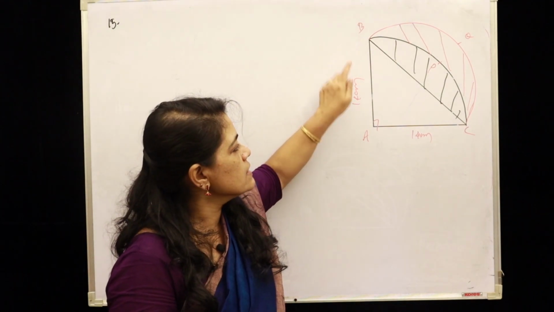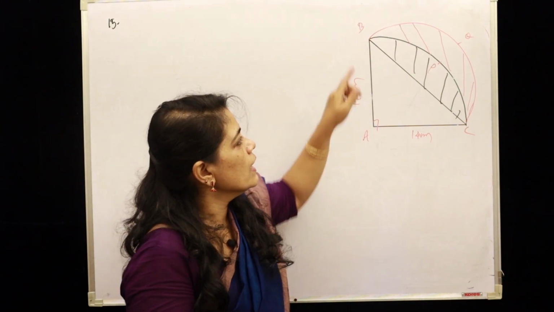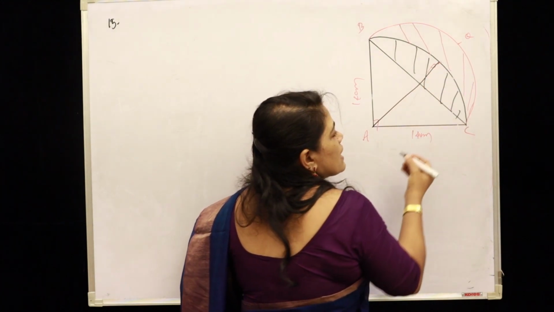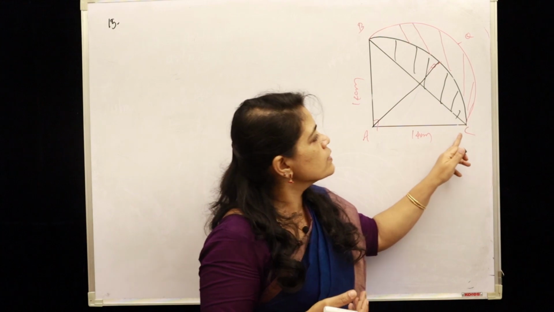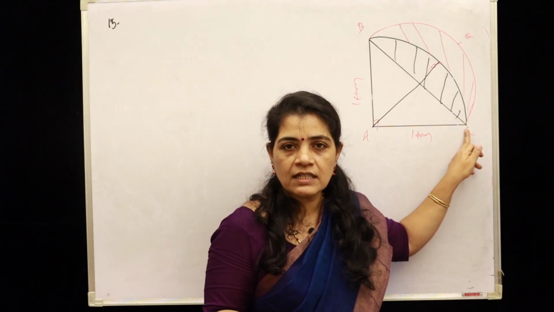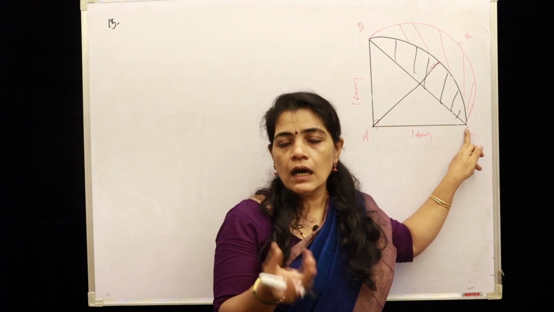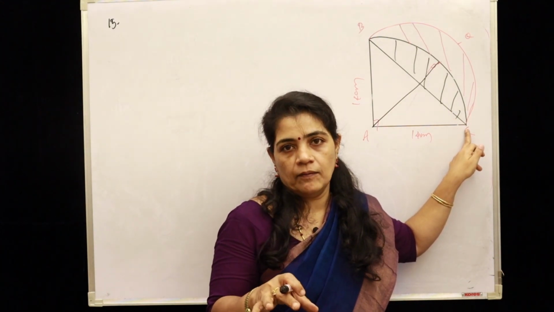AB is from A to any point on the circle. For this quadrant, AP, that is the radius, can be taken as 14. Then AC is also 14, that is given. So the radius of this quadrant, for calculating the segment, is given as 14.